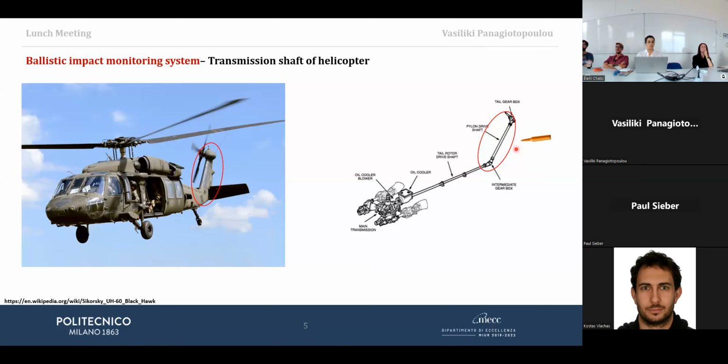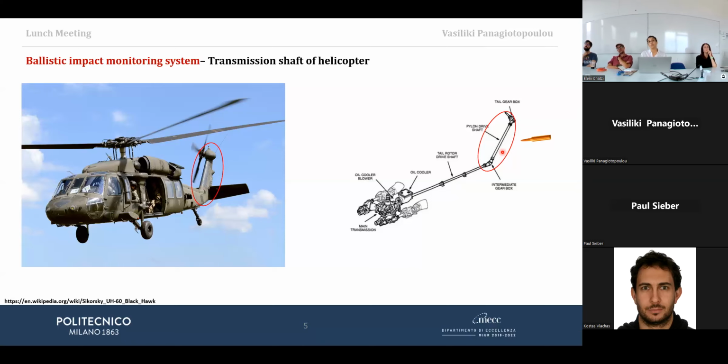And if we consider that this transmission path is the only way for the engine to transmit power to the tail rotor, and there is no redundant backup, it's really critical, because if it is severed, then the whole structural integrity of the system will be compromised, and of course the safety of the crew.